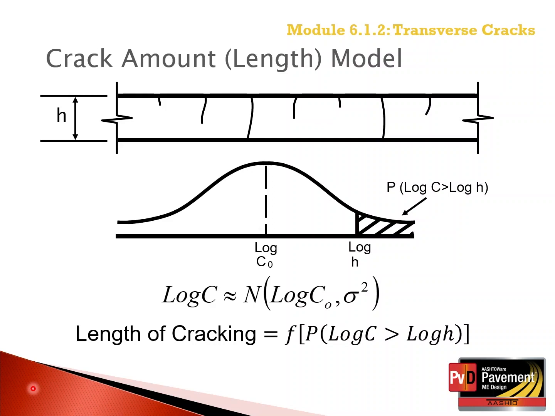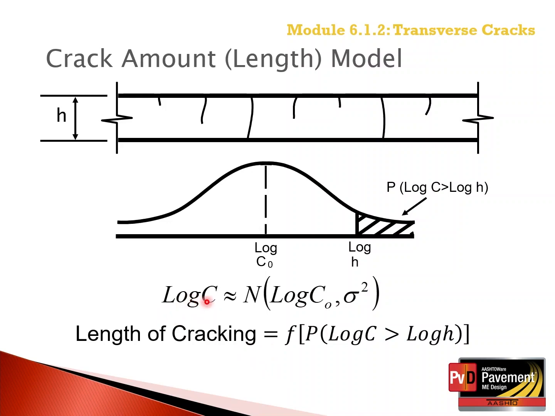In summary, the length of transverse cracks is a function of the probability that the crack length exceeds the layer effective thickness of H. A normal distribution of the crack depth is applied to determine the length of the crack.